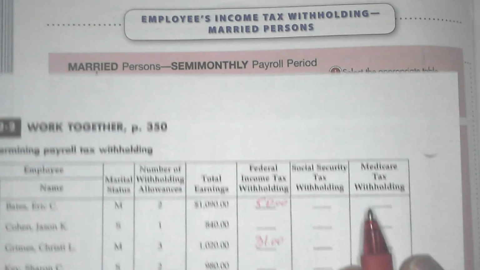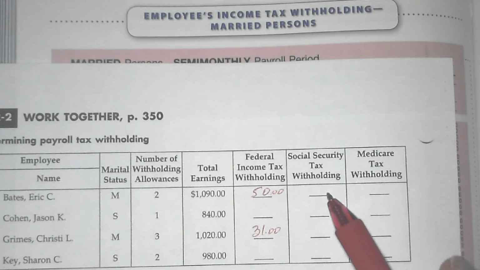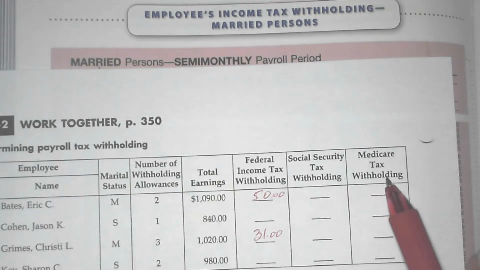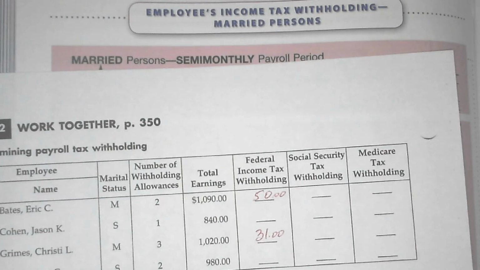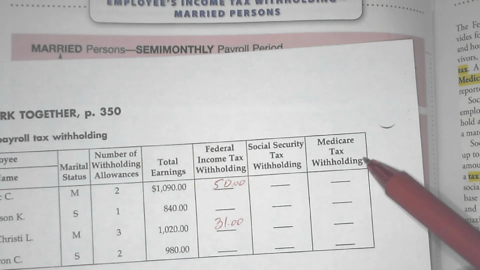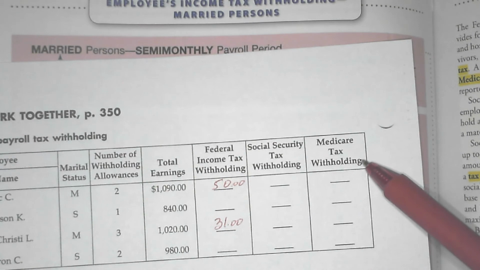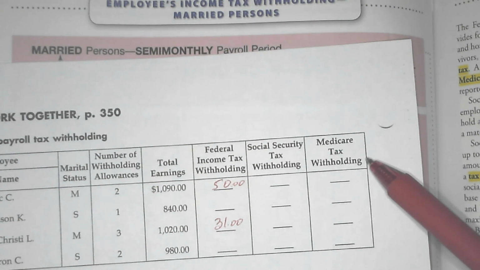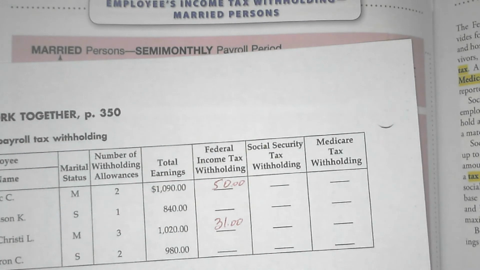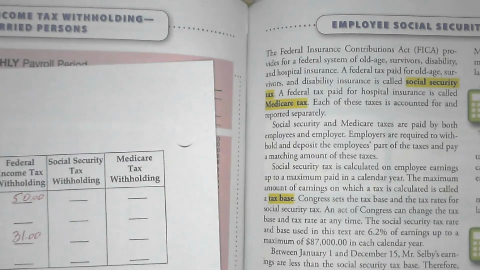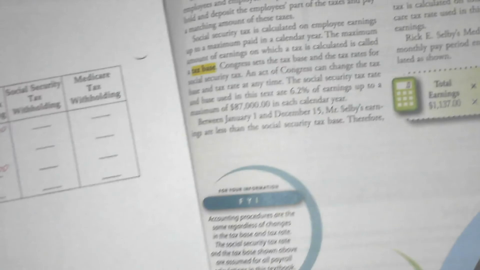Okay, so now we've got our Social Security withholding and Medicare tax withholding. So your Social Security, that's your government retirement. Medicare tax, that pays for the retired folks that qualify for Medicare, a government health insurance program. So our Social Security withholding, I'm going to go over to the next page here in the book.